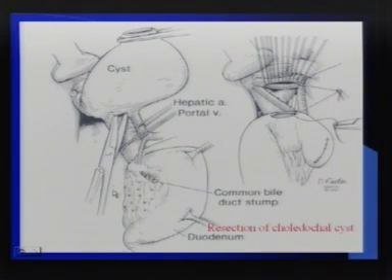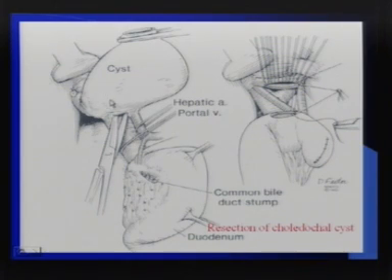You have to remove the cyst, and the distal end just at the place where the bile duct is dipping into the pancreas is securely ligated, taking into consideration that these patients are likely to have some kind of abnormal pancreatic opening, and therefore one should not be tempted to go quite deep, because abnormal pancreatic junctions are known in these patients, and obliterating that would set the stage for post-operative pancreatitis.